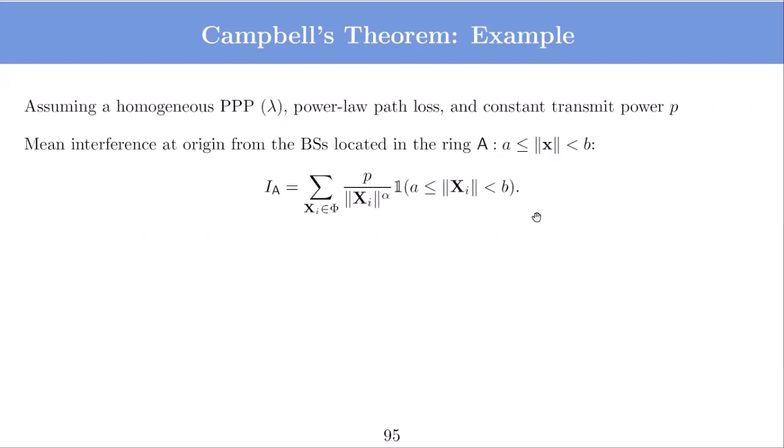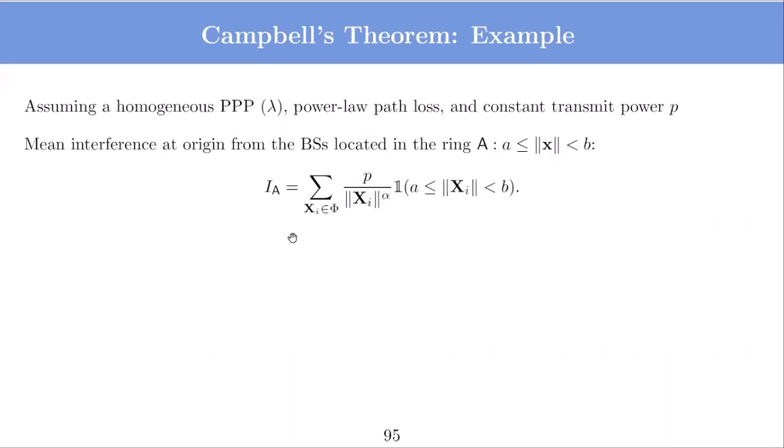So what will be the total interference from each base station? The interference would be transmit power divided by norm xi to power alpha. This is the path loss. And then I am multiplying the indicator that xi norm should be between A and B so that I am only calculating for the ring. And this is from one base station. And if I add it over all base stations in phi, I get the total interference.